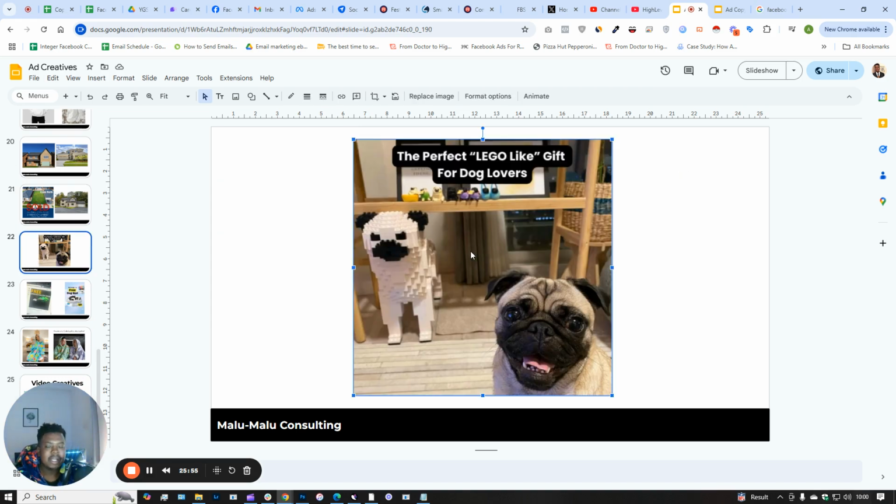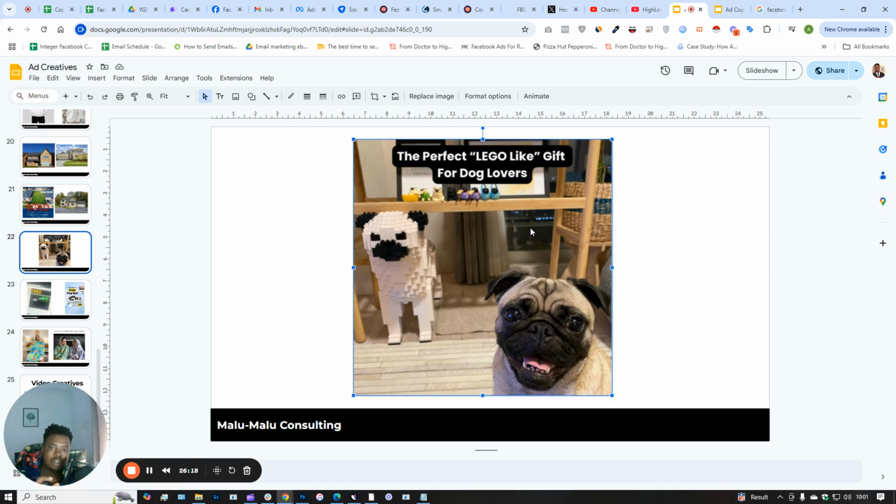So this is a lot better. Remember what I was talking about before, that people buy based on emotion but justify their purchase decision through logic and reason. So this is what I'm talking about in terms of emotionally hooking your potential customer. So here we can see, the perfect Lego-like gift for dog lovers. So boom.